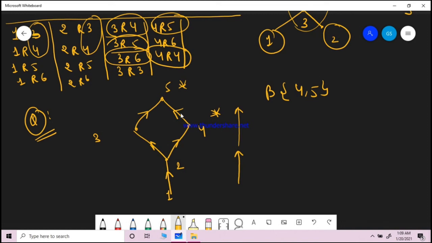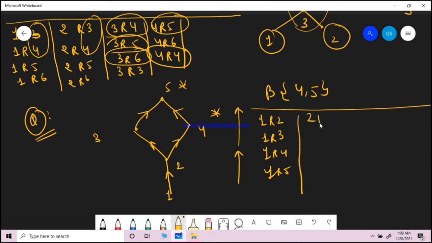So I have told you, just write down. 1 is related to 2, 1 is related to 3, 1 is also related to 4, 1 is related to 5. Now 2 is related to 3, 2 is related to 4, 2 is related to 5 also.